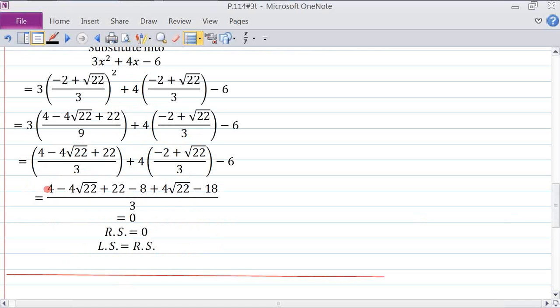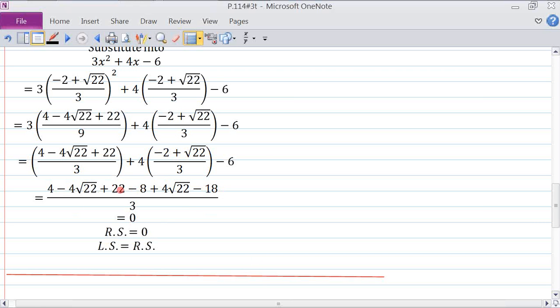Now let's take a look at this. 4 plus 22 is 26. 26 minus 8 is 18, and 18 minus 18 is 0.